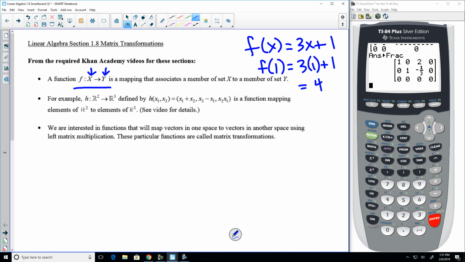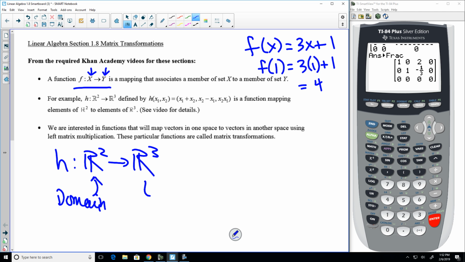Let me write it bigger for those that don't have it. So we say H is a mapping that takes R2 vectors and turns them into R3 vectors. So you plug in an R2 vector and it outputs an R3 vector. So we say the domain is R2 and the codomain is R3.